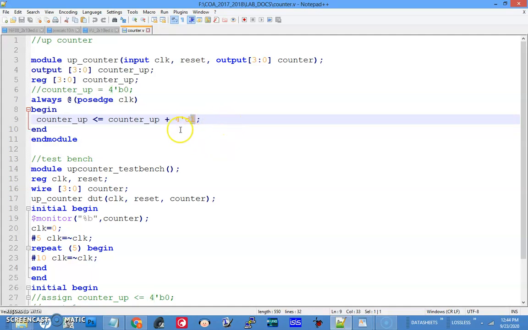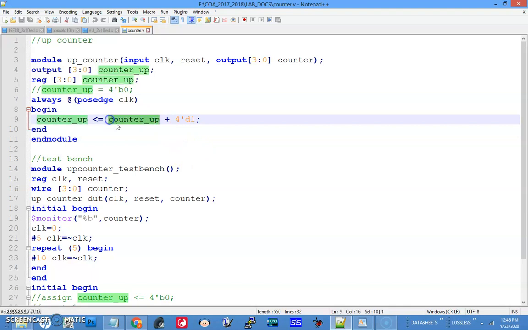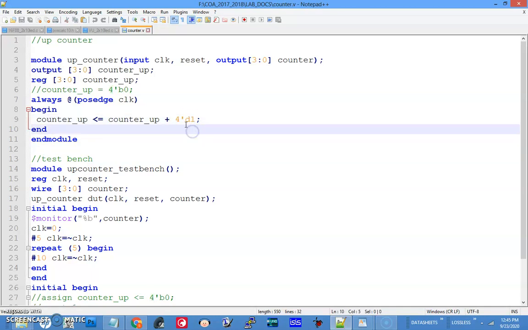Simply told, you are adding 0001 to this variable. I repeat, you are adding the 4-bit decimal equivalent of 1. You can write it as 4'b0001 also, that will also work. You can refer to the internet and find different notations.